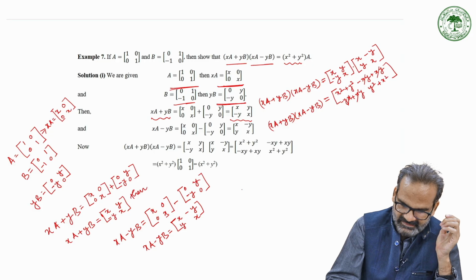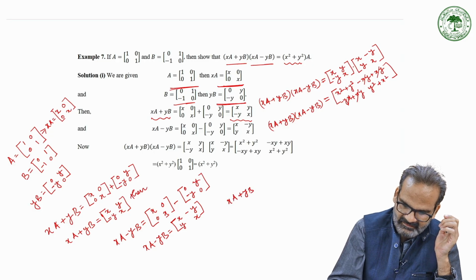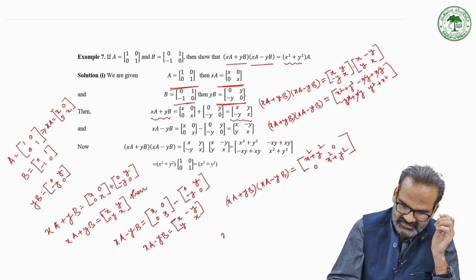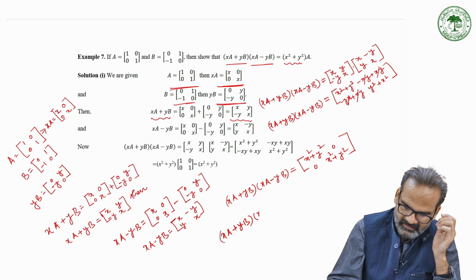We will get here XA plus YB and XA minus YB. This is equal to what? [x square plus y square, 0; 0, x square plus y square]. Now you can take x square plus y square common.